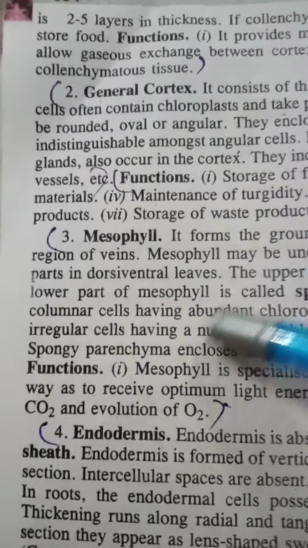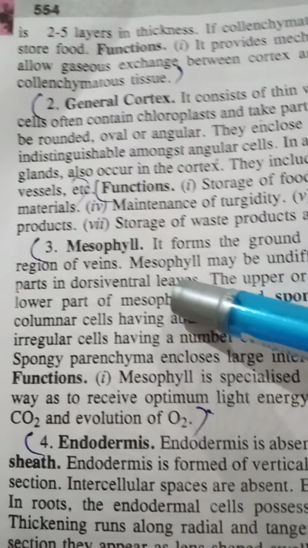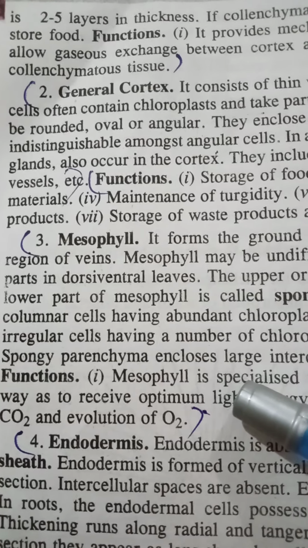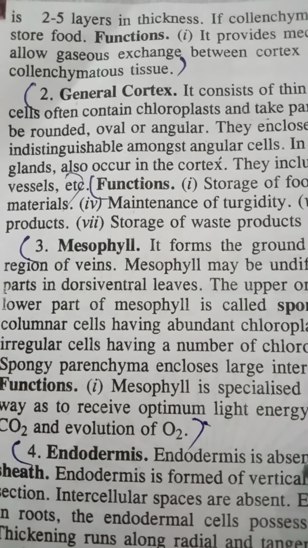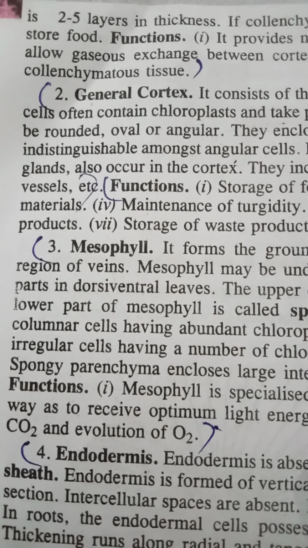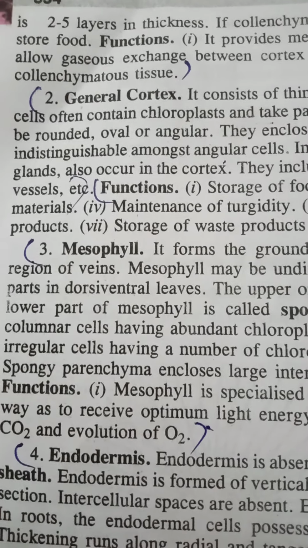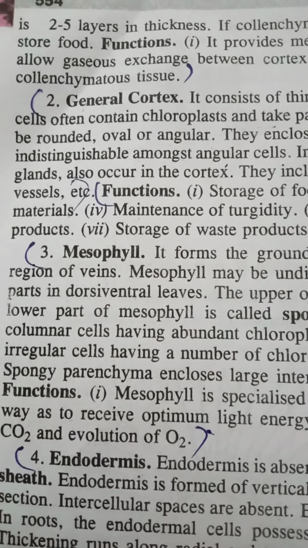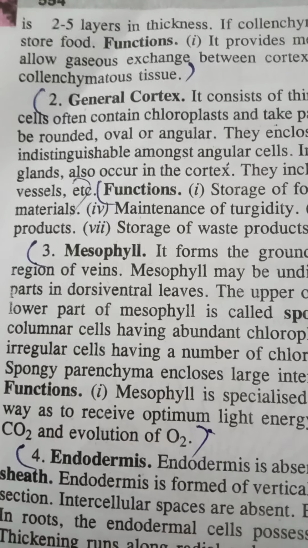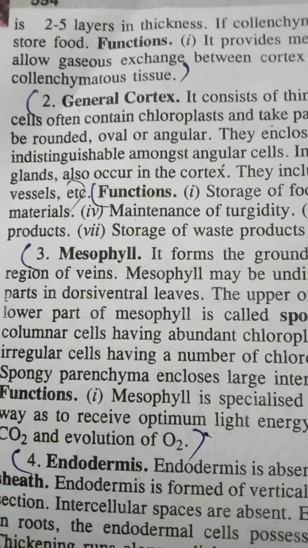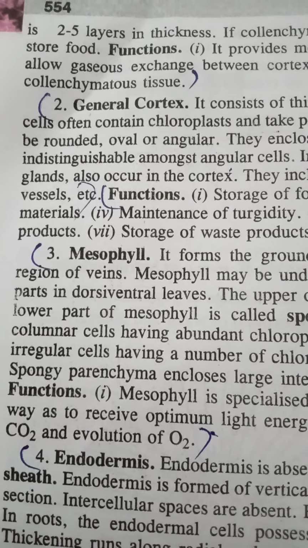Next is the mesophyll tissue, the most important one, because these are the tissues where chlorophyll is present. The mesophyll tissues are present just next to the hypodermis, basically in leaves. There are two types: palisade parenchyma and spongy parenchyma.